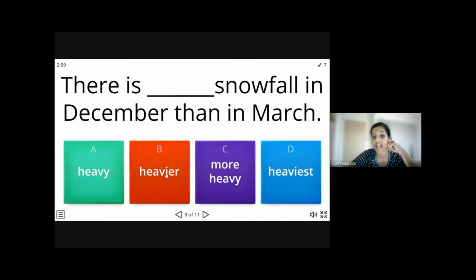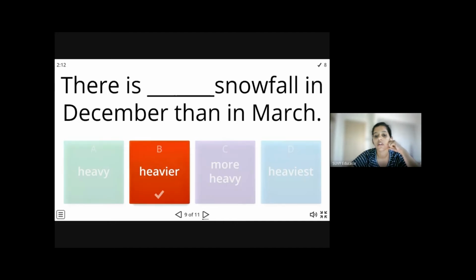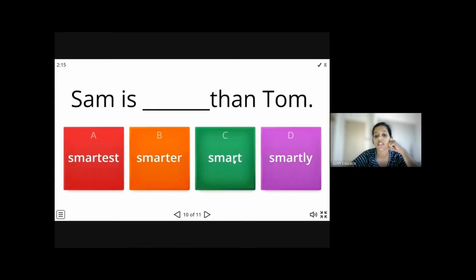We add IER, so it becomes heavier. Yes, according to the rule, it has to be more heavy, isn't it? I will get back to you about that. Even I had that doubt now. Sam is dash than Tom. Sam is, again comparing, smarter.